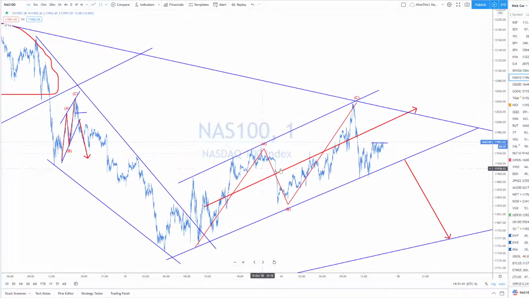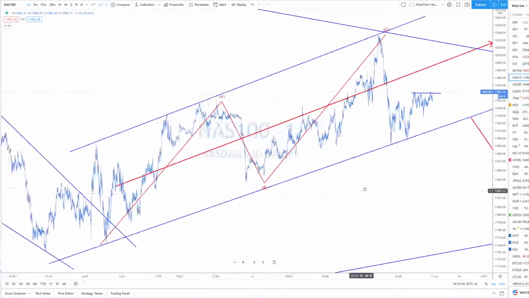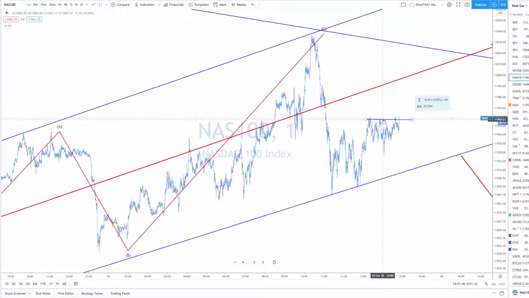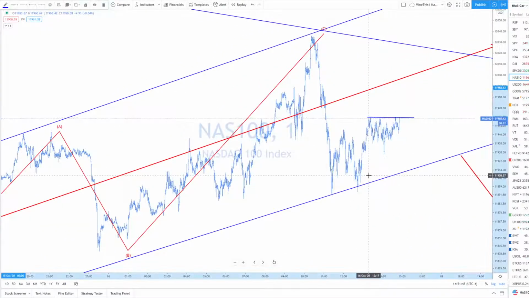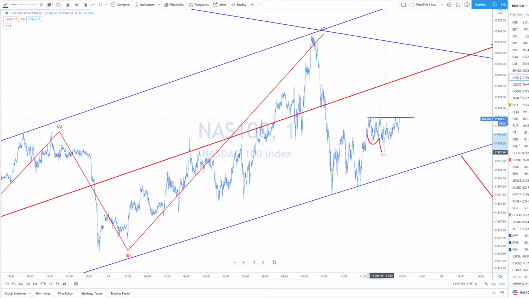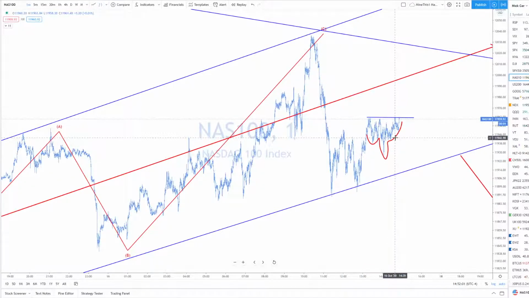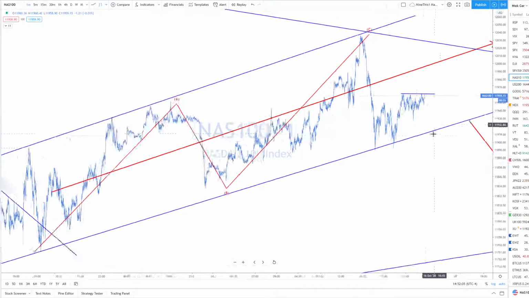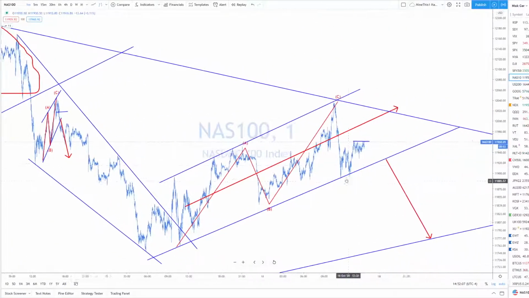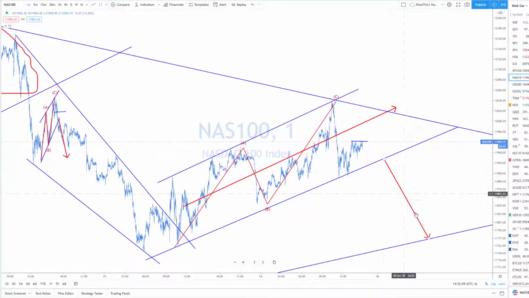All right. It's stuck there, little baby head and shoulders, right? Little baby one. We're not interested in these kinds of trades. We're interested in the other one, right? We're interested in this one. That's where the bias is, to the downside.